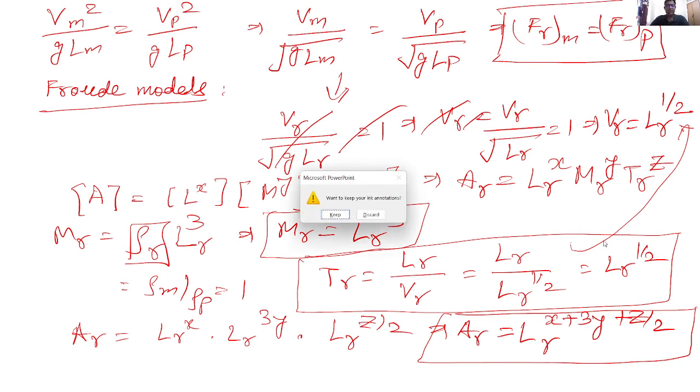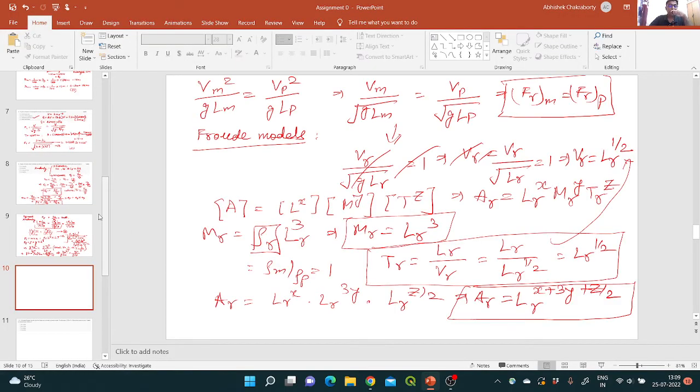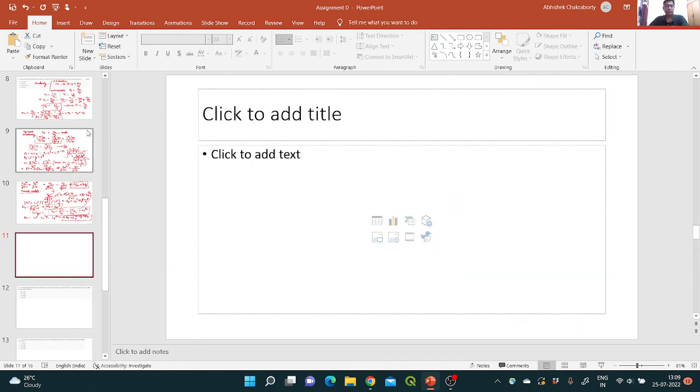I would need another slide to finally give an expression for the discharge. So for discharge, which was actually asked in the question, the discharge scale ratio QR is AR times VR.